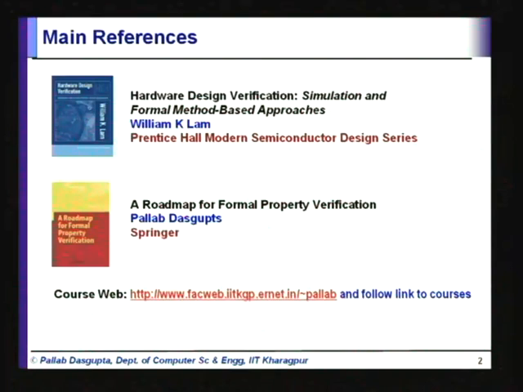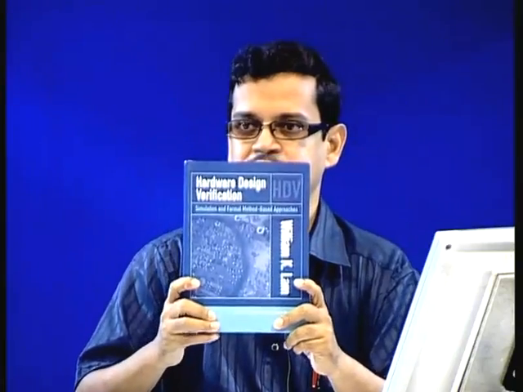The main reference books that I will be using: the first one is Hardware Design Verification, Simulation and Formal Method Based Approaches by William Lamb. This is the book that I have here in front of me.